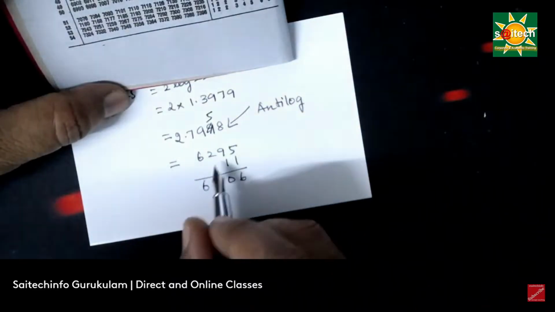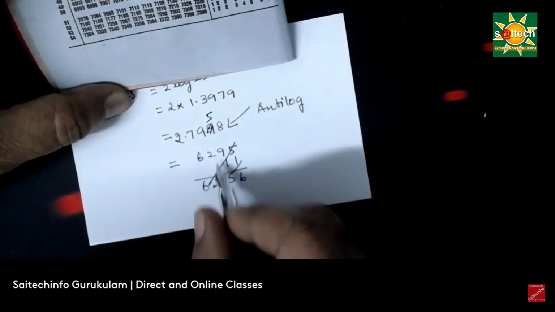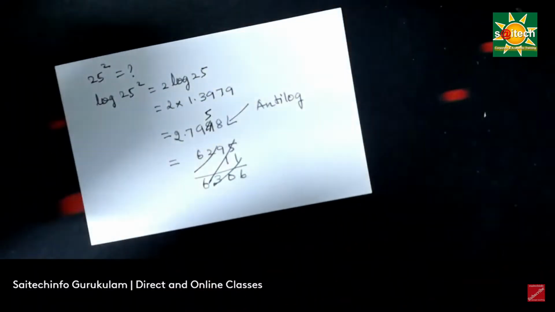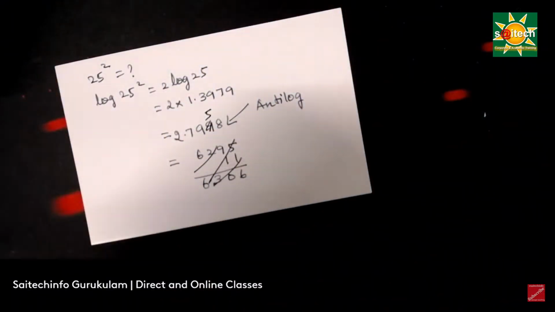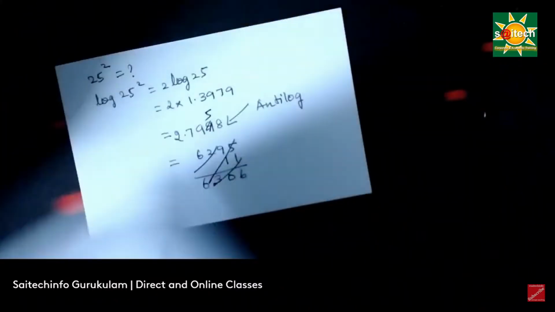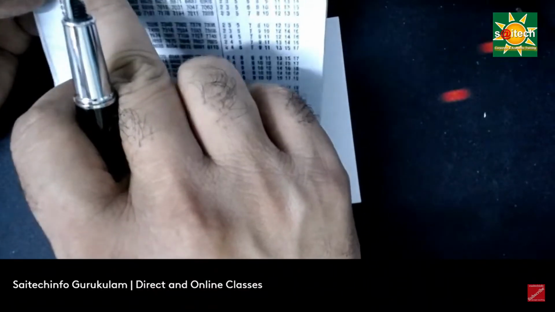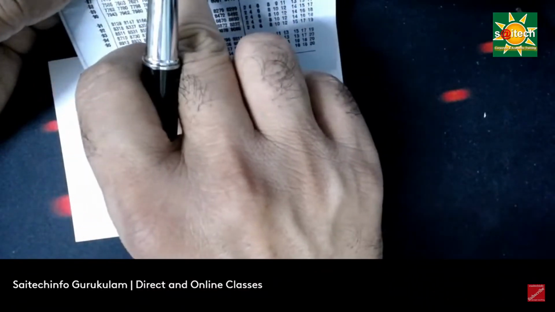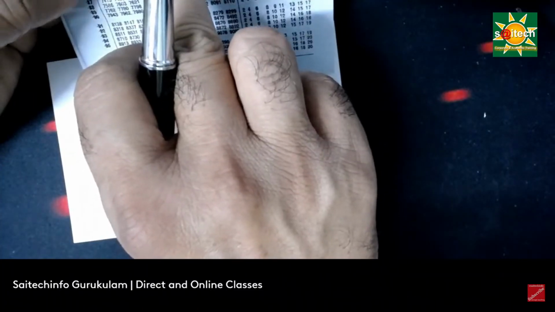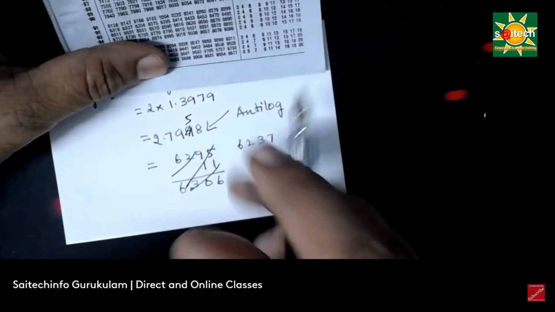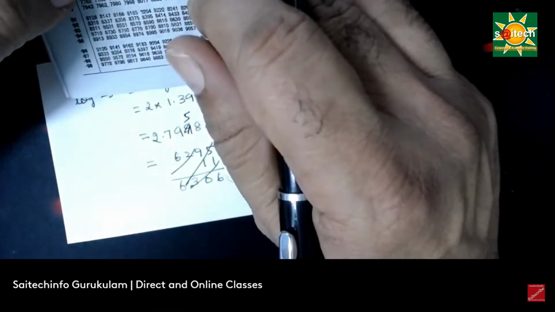Recheck, 7958, antilog. 7958, how much? 6237, and check in plus 11.